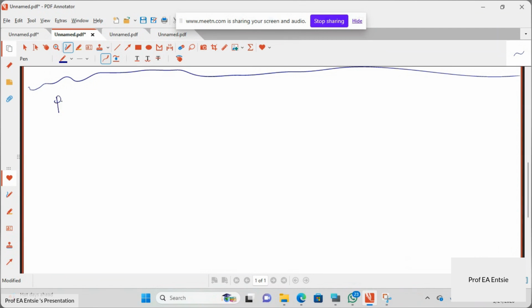Polytropic process: the pressure P is found by finding the constant C times the volume raised to the power negative n. And we all know that C is either P1 V1 or P2 V2. So they give you any of these, then you multiply it with the volume raised to the index of minus n. Then you can find pressure. So this is an expression of pressure for polytropic process.